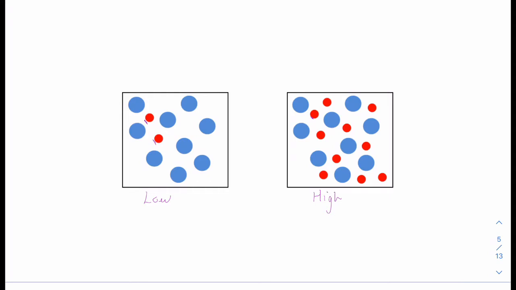Well, because you're more likely to collide with the red particles if there is more of them. So it's going to be a quicker reaction for the higher concentration. More likely to collide when there's more of them to collide with.